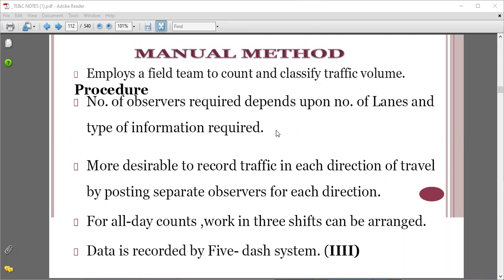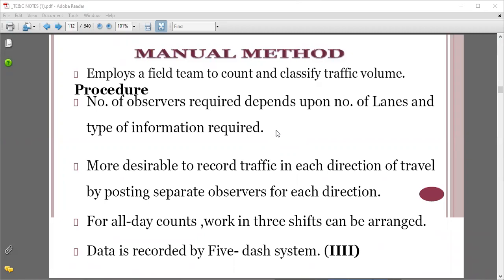In this manual counting method, if one vehicle passes on that road, one dash line is marked. When 2 vehicles move, a second dash line is marked, again 3, again 4, and again 5. Likewise, the counting is done by this dash line method only.